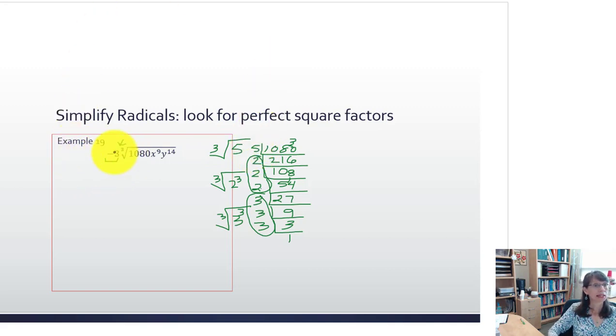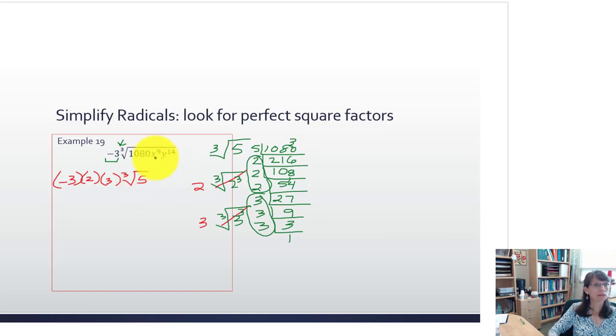So I have negative 3 that already cleared the radical. The cube root of 2 cubed, remember, will clear the radical as 2. The cube root of 3 cubed clears the radical as 3. And then I have cube root of 5.